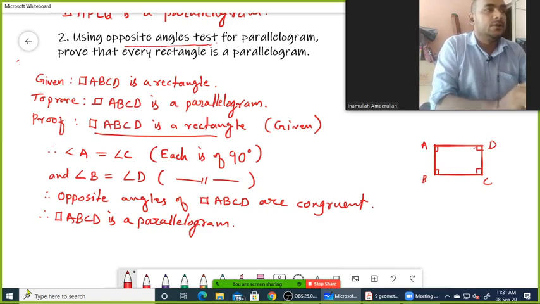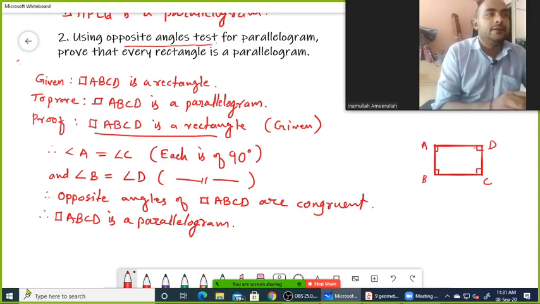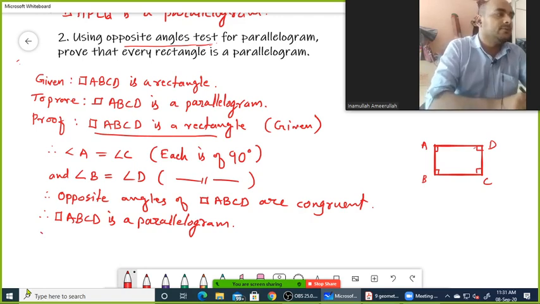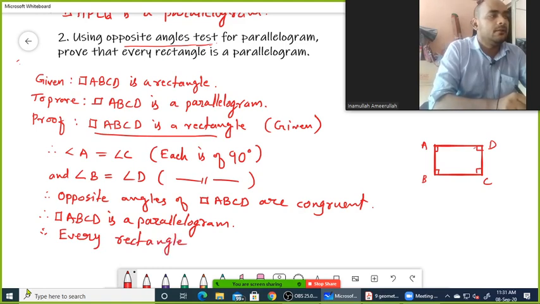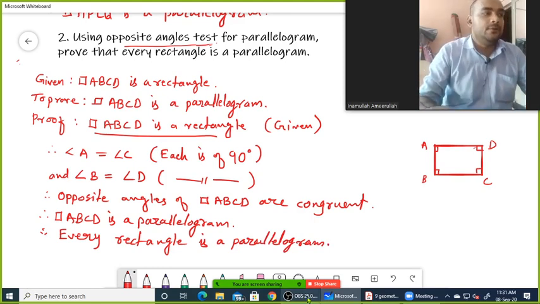So this is all about this particular question, and this way you can write the proof that every rectangle is a parallelogram. Since this rectangle ABCD is a parallelogram, further you can say therefore every rectangle is a parallelogram. Hope it is clear to everybody.